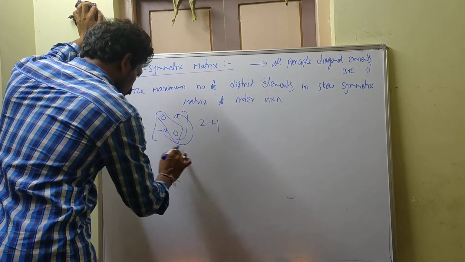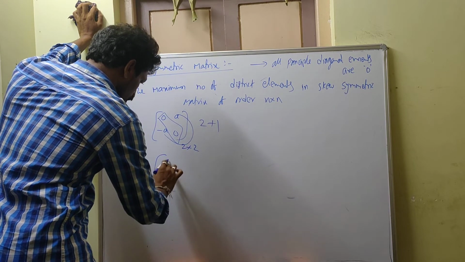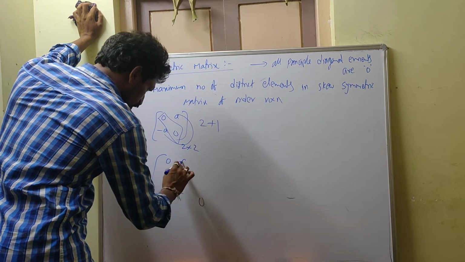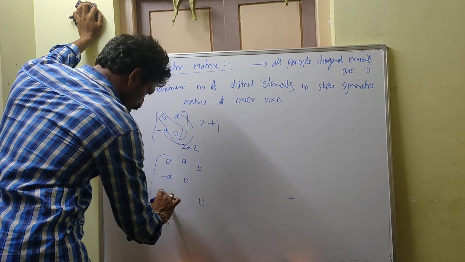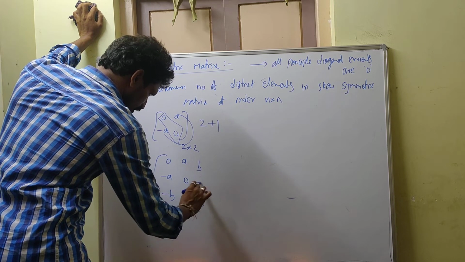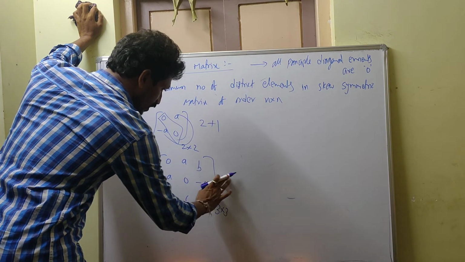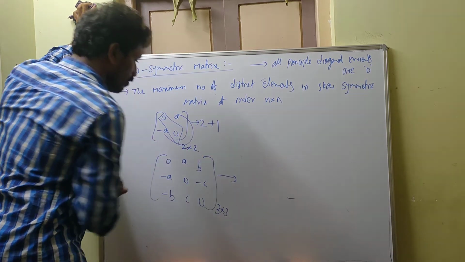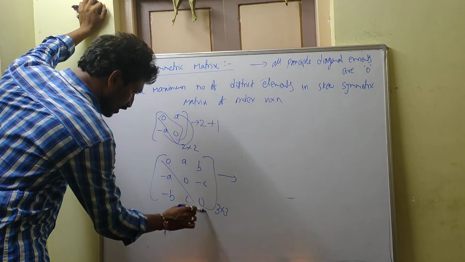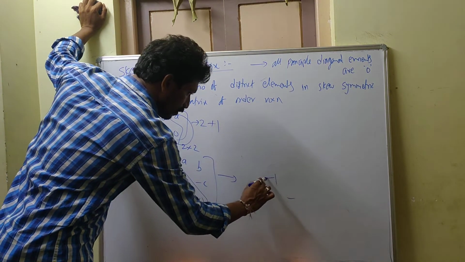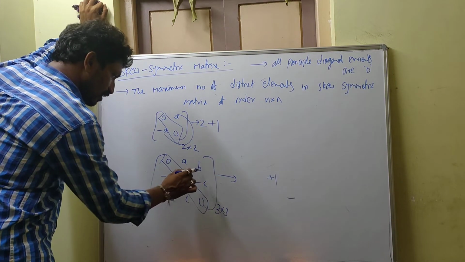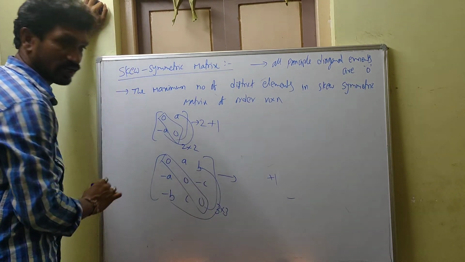Next, go for 3 by 3. 0, 0, 0. A, minus A. B, minus B. C, minus C. For 3 by 3, the maximum number of distinct entries: the diagonal entries are all equal to 1 only, here 2 entries.